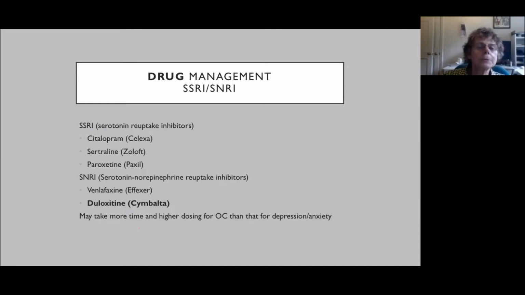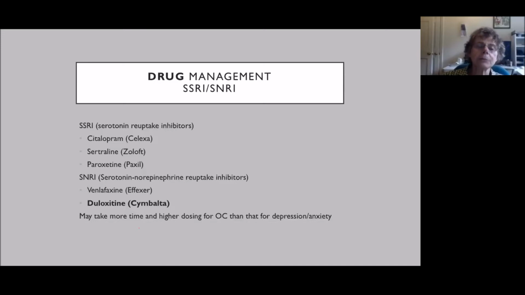Also used for obsessive compulsive complications are the serotonin norepinephrine reuptake inhibitors. And the norepinephrine actually should be in front of the serotonin there. Both terminologies are actually acceptable. But I like to have the norepinephrine in first because it reminds me that it's not just serotonin that's being affected, but norepinephrine as well.